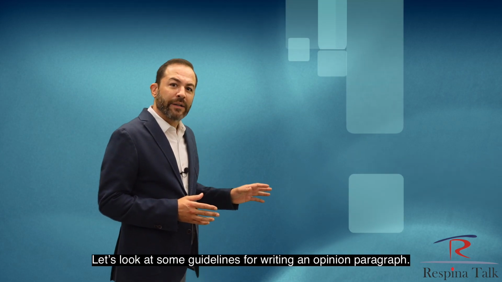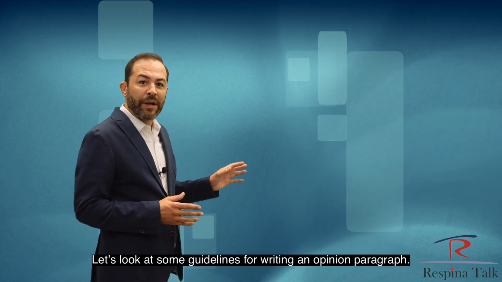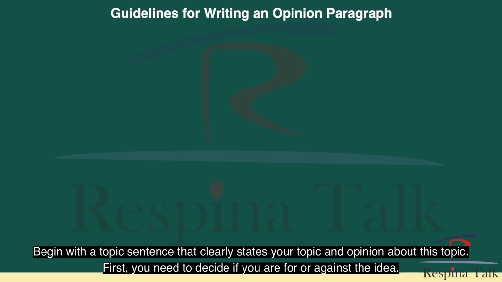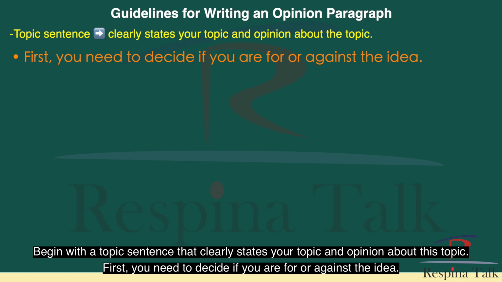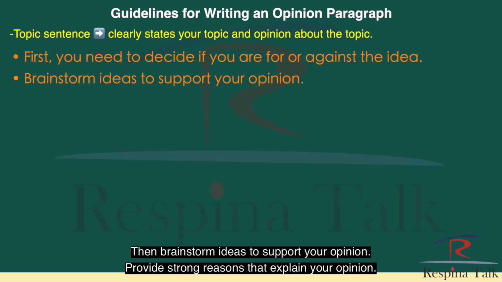Let's look at some guidelines for writing an opinion paragraph. Now, begin with a topic sentence that clearly states your topic and opinion about this topic. First, you need to decide if you are for or against the idea. Then, brainstorm ideas to support your opinion.